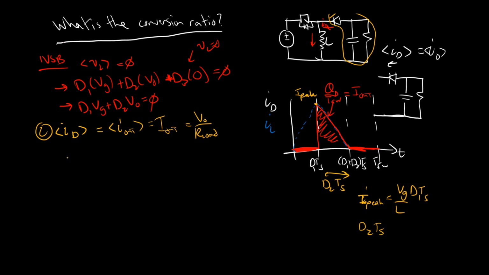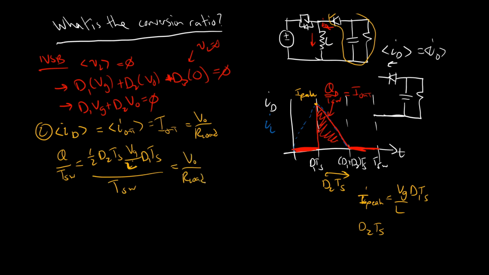So Q is equal to half the base times the height, over L, D1 Ts over Ts. And this is equal to V out over R load. Cool, so if we eliminate one of these Ts's and then simplify, what we get is D2 D1 VG Ts over 2L is equal to V out over R load.